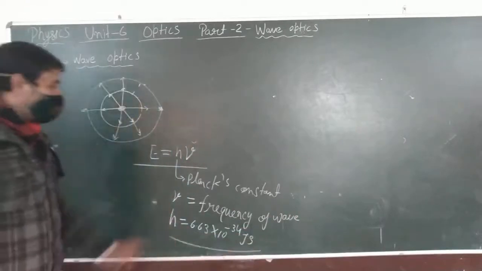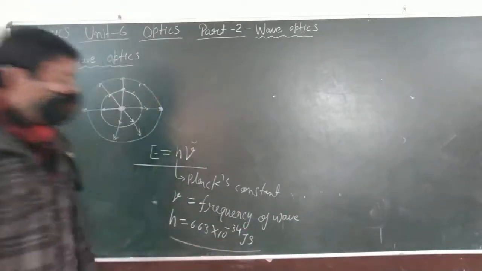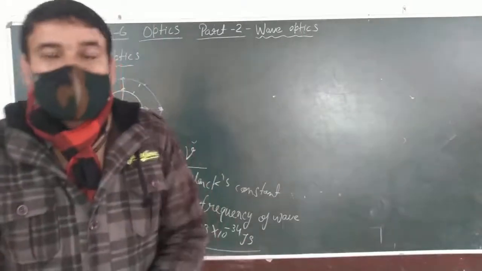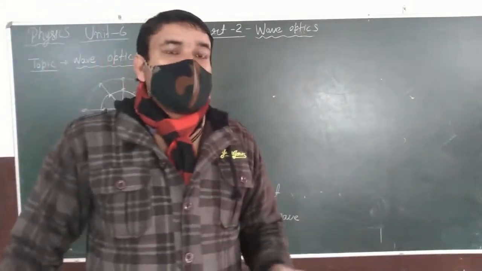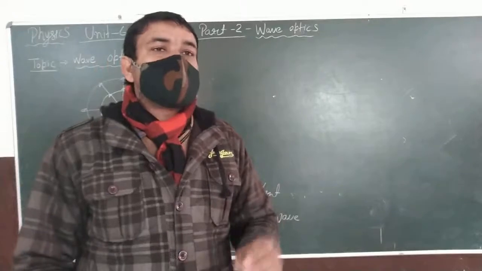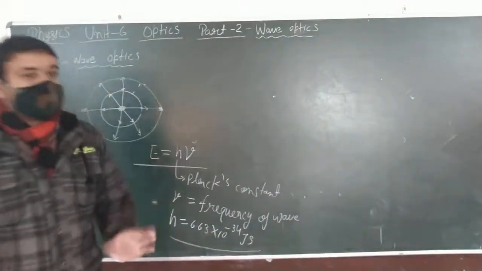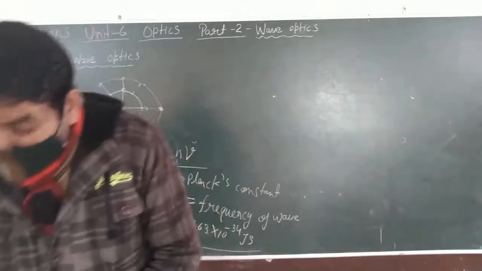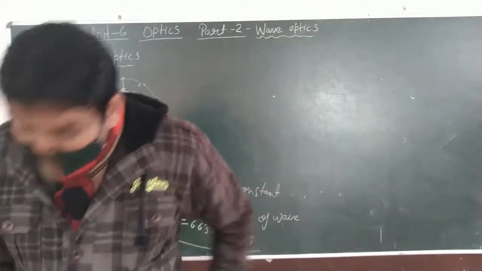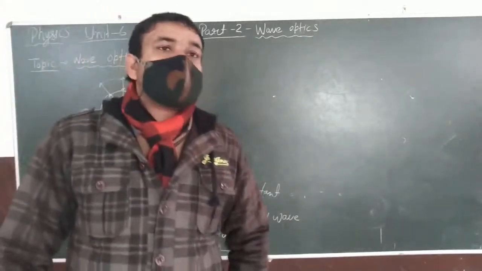He also observed that every different color of light has a different value of frequency, so each has a different energy. These are the basis of the quantum theory.